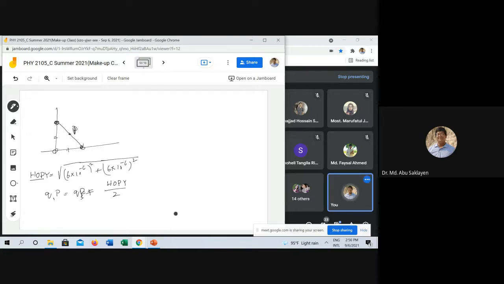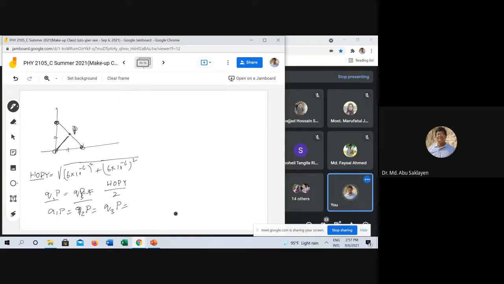How about this distance? You need it also. Is it the same? Sir, the distance is the same for both. So that means Q1P equal to Q2P equal to Q3P, and this is divided by 2. How much is it?